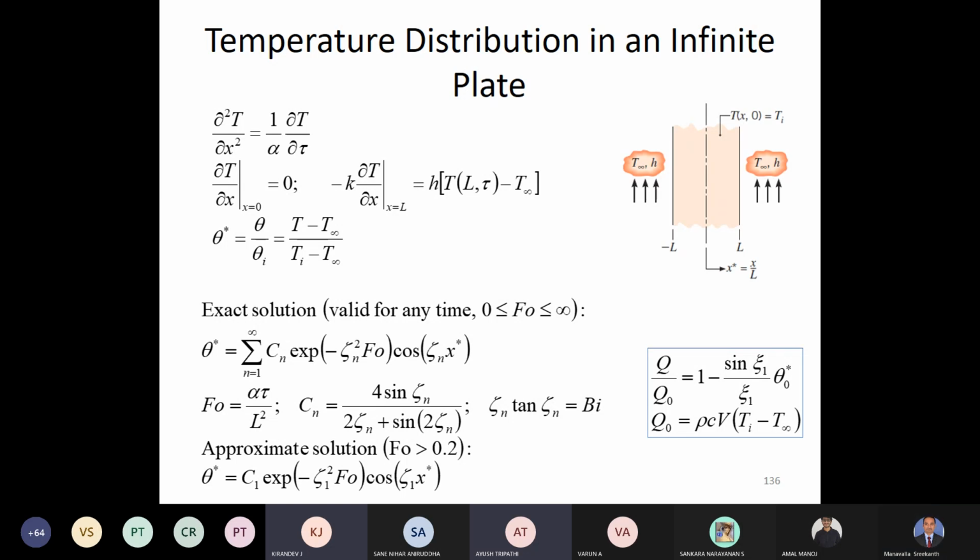Which one would be correct? The half length given will be 25 into 10 raised to power minus 3, but in volume, it will be 50 into 10 raised to power minus 3.